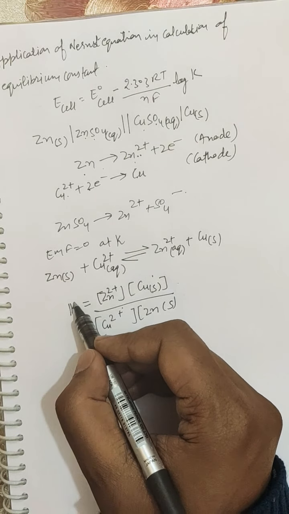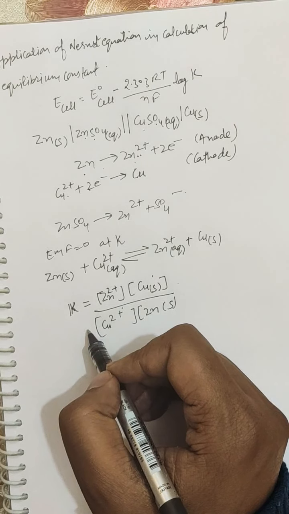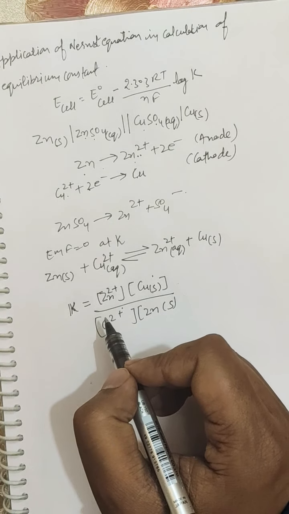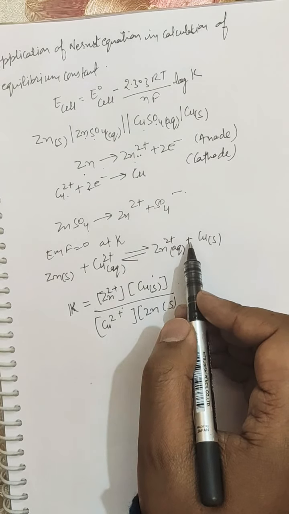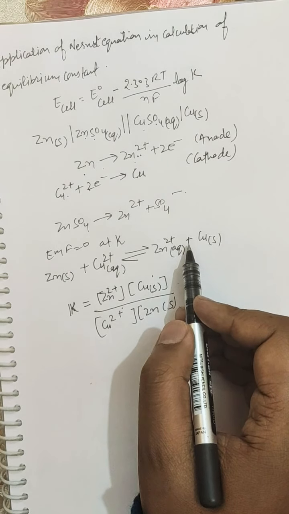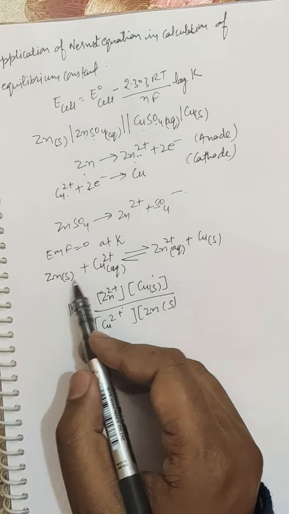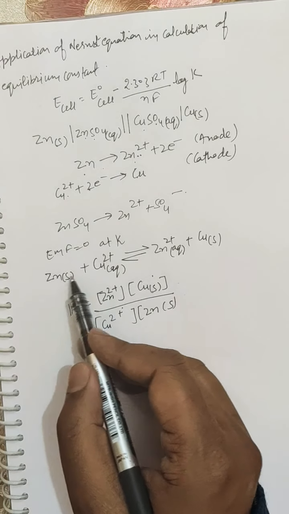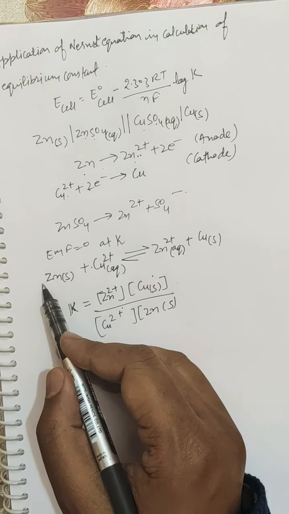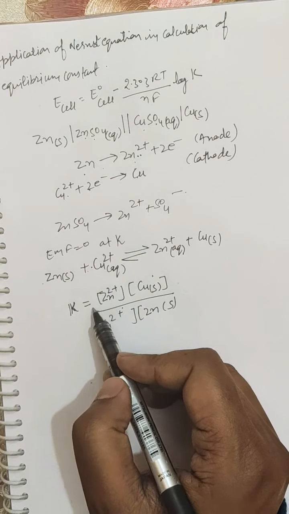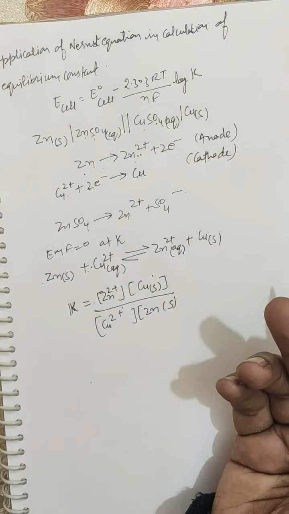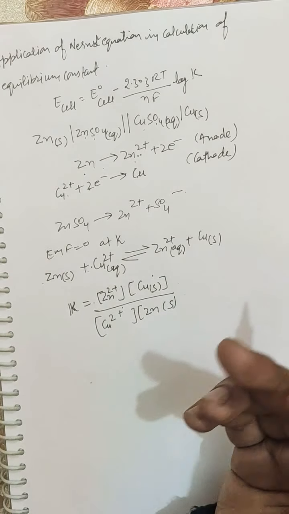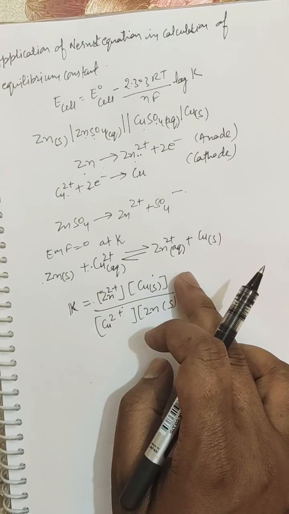What is the basic definition of equilibrium constant? The equilibrium constant of a particular reaction is equal to the product of the concentrations of the products raised to the power of their stoichiometric coefficients, divided by the product of the concentrations of the reactants raised to the power of their stoichiometric coefficients. Here the stoichiometric coefficients are 1 for all the reactants and products, so there is no need to write the power form.